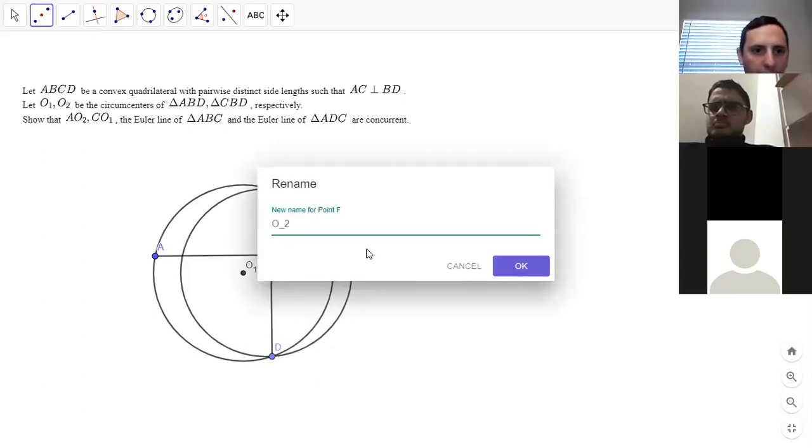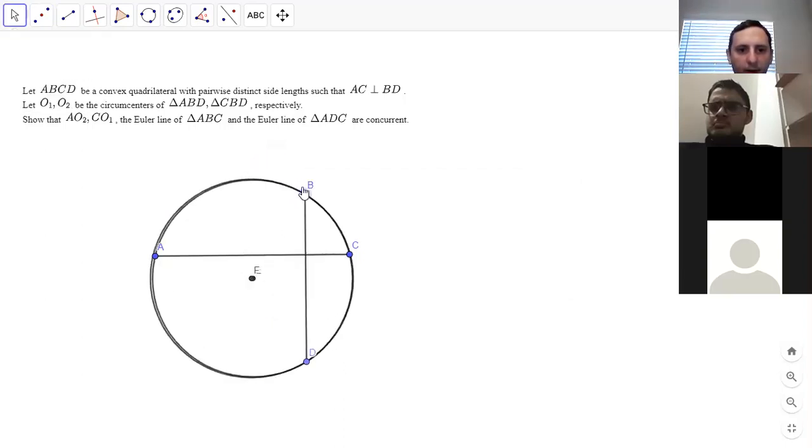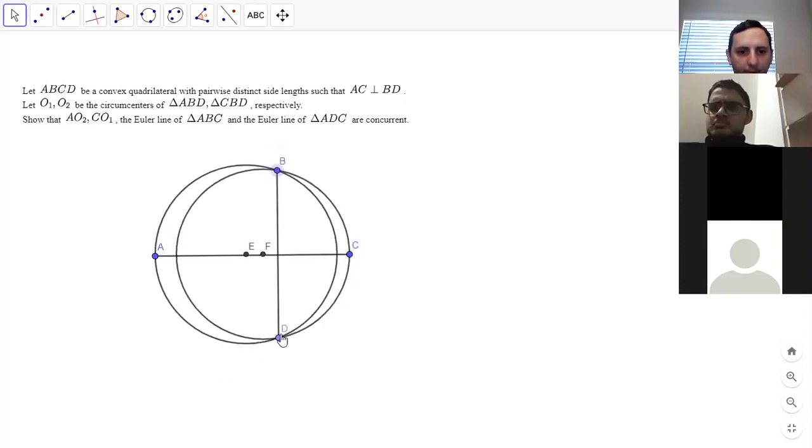We want to show that AO2, CO1, and the Euler line of ABC and ADC are concurrent.